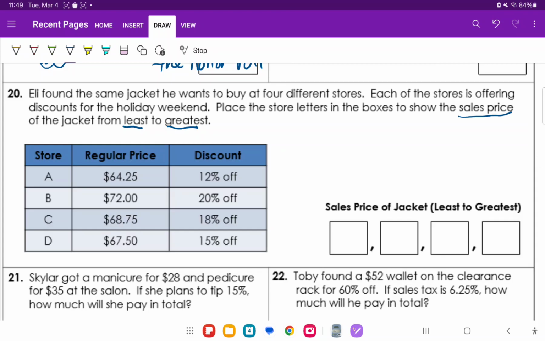All right, so on the first one, we do the regular price times the discount. So this discount is 0.12 because we moved the decimal 2 places to get that right there. So we're going to go $64.25 times 0.12.